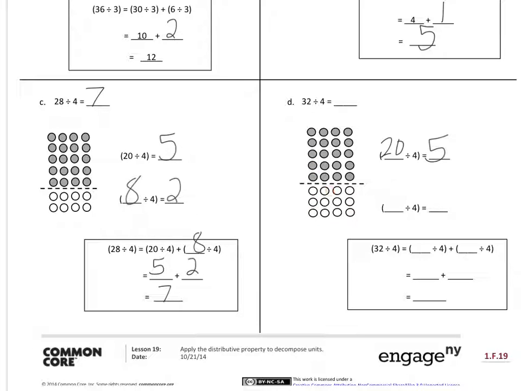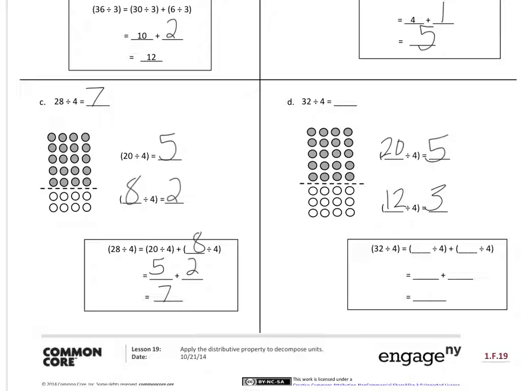What is my total for my bottom array? Well, I can count by 3s, or I can count by 4s. 3, 6, 9, 12. My total is 12. And since I was counting by 3s or 4s, if I'm dividing by 4, I know my answer is 3.